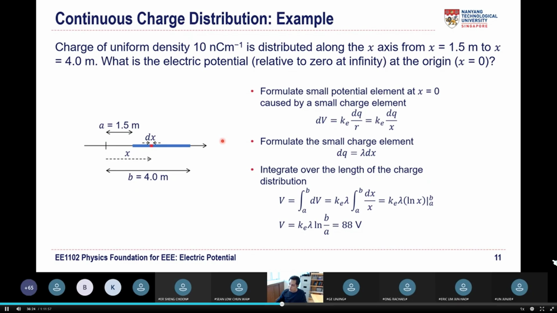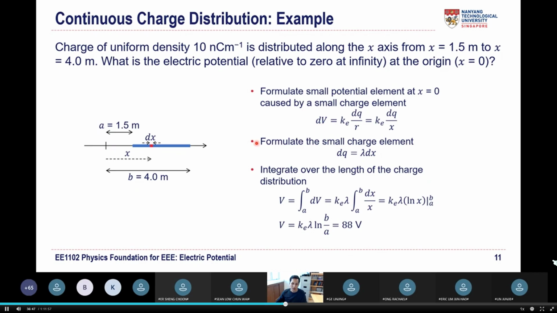The electric potential due to that small element dq at the origin is going to be dq divided by x times the Coulomb's constant. That gives the small contribution from that red highlighted part at the origin, so that's our dV, the small element dV.